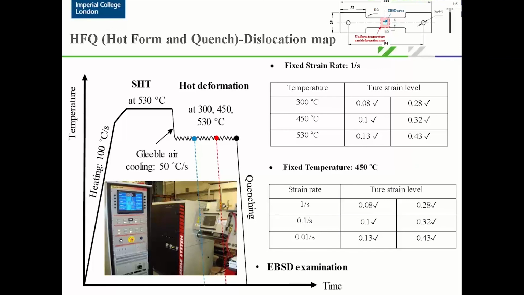Yeah, one of the things that we concentrate on is also the voids, the damage evolution during the process. But based on the results from our group, as long as the deformation level is less than half or less than 60% of the fracture strain, then the voids will not become a very big issue.